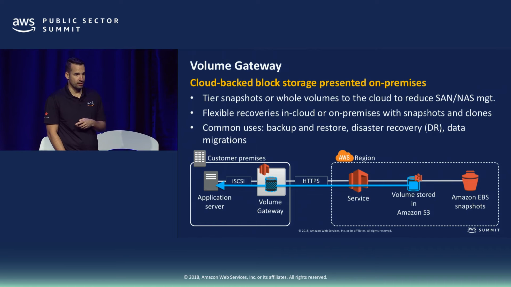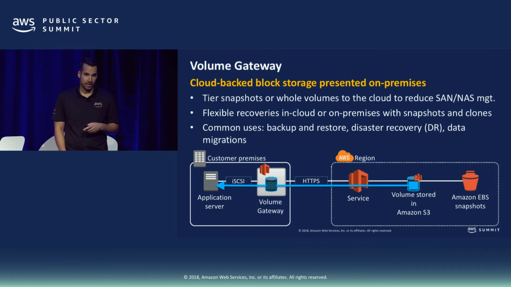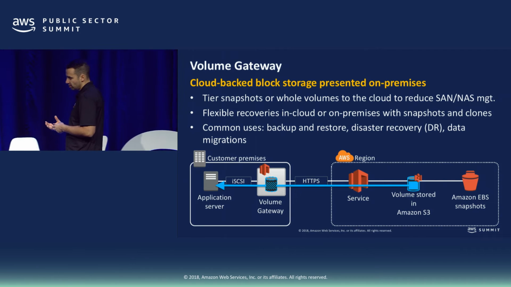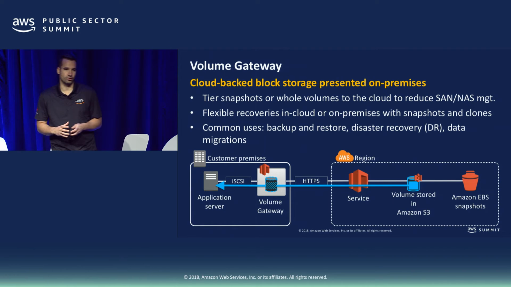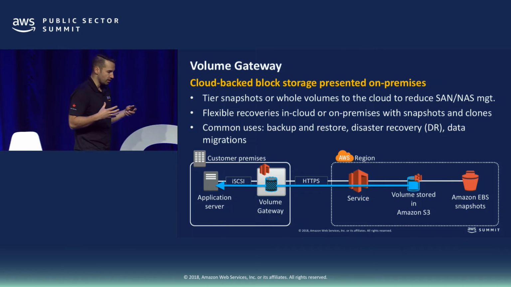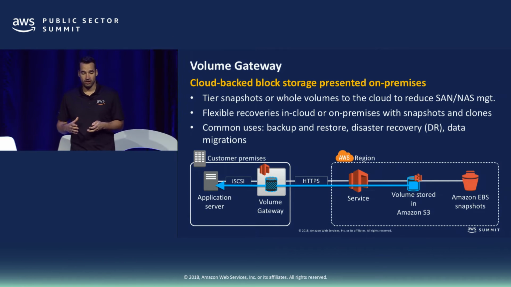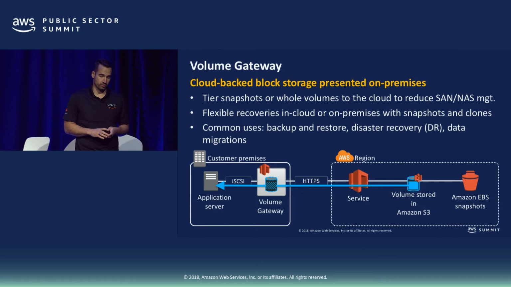They, in turn, talk to the storage gateway service, and as I mentioned earlier, by communicating with the service they're able to compress the data and store it in a more efficient manner, which reduces the cost to the customers.